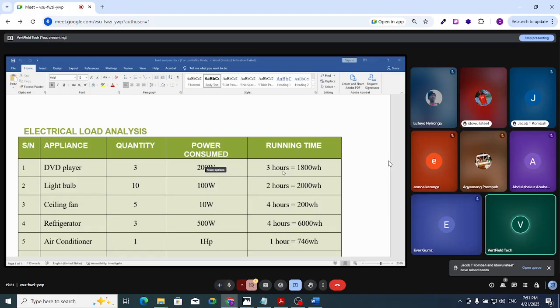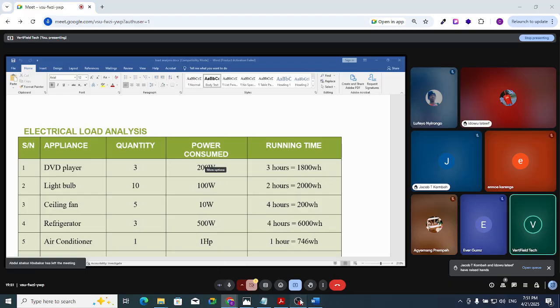Then you sum it up. That is to say, you add everything up to give you the total energy consumption. That is the very formula that we are to apply.